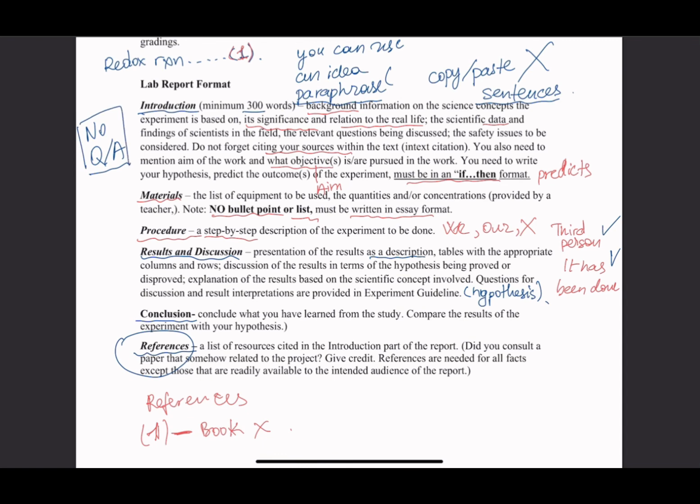You're not writing some kind of journal. This is a lab report. You need to write just an essay. State your thoughts and everything in there, but don't ask questions and answer them after. No question and answer. So no bullet points anywhere in the report. No bullet points.